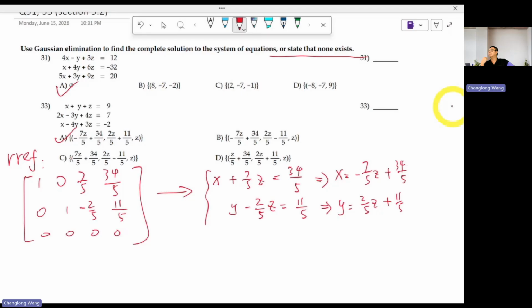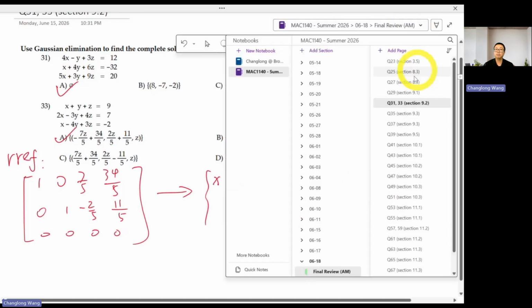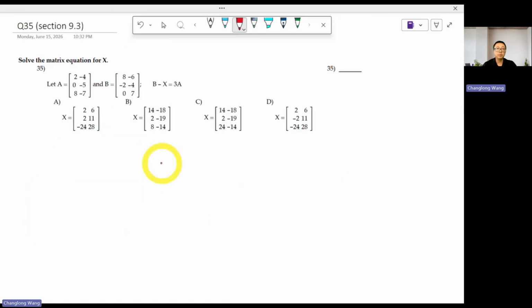Or if I have to work out some problem where the numbers are kind of ugly, when little kids are first taught quadratic equations, they know how to deal with those fractions and stuff, right? I don't want to do that. I just put in the quadratic formula because I know that it works out no matter what. So reduced row echelon form is more practical, even though it says Gaussian elimination. All right. Now moving on.